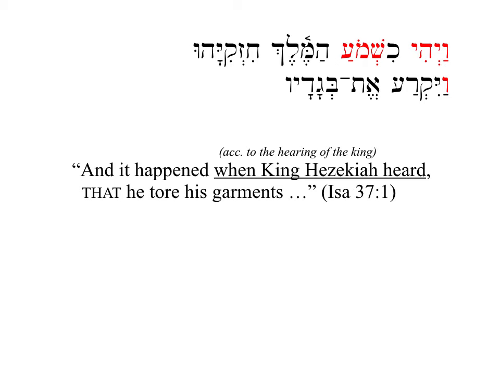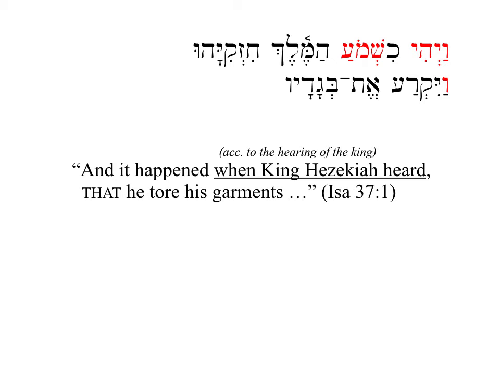The infinitive construct, shemoa, is an infinitive construct because it is joined to the preposition kaf, and it's an infinitive construct joined in construct with the noun Hamelech, the hearing of the king. So it happened according to the hearing of the king, and he tore his garments.